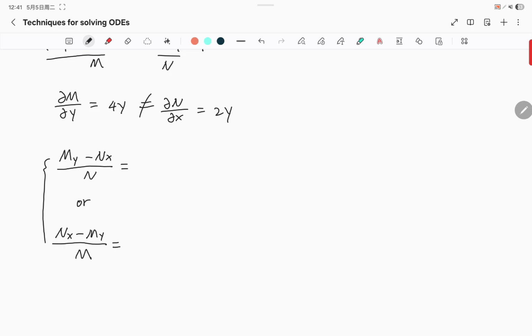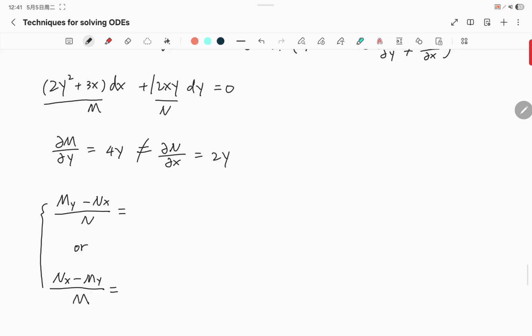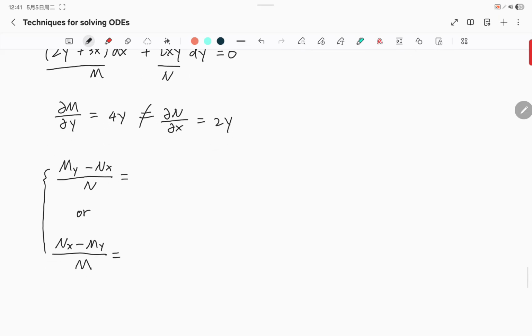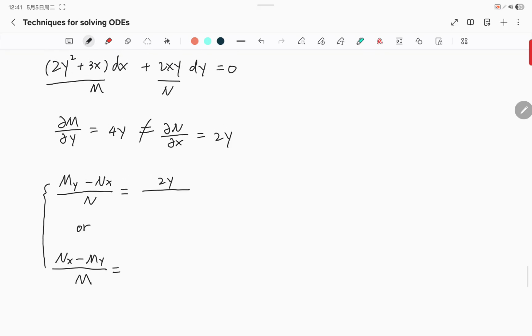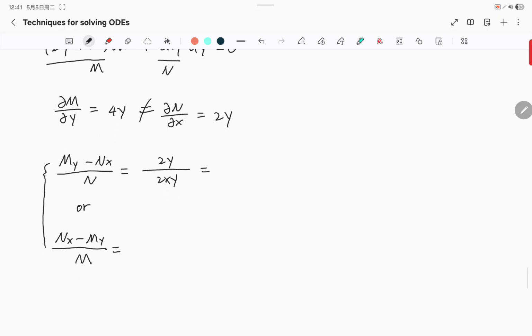So My is just 4y, minus Nx is just minus 2y, over N. Well, N is not this, but this. Let's say 4y minus 2y, let's just do 2y over the original one, N. We have 2xy. This simplifies as 1 over x.